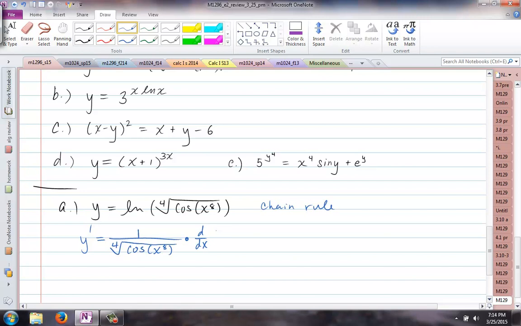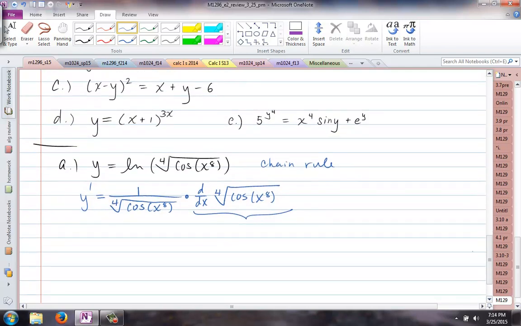So here I'm going to give myself some time to think about that, and I'm going to write down what I need to take the derivative of. So that is a problem in itself. Just so you can see how the parts fit together, I'm going to do this nesting thing where I work on each part separately, and then we'll put it all together.